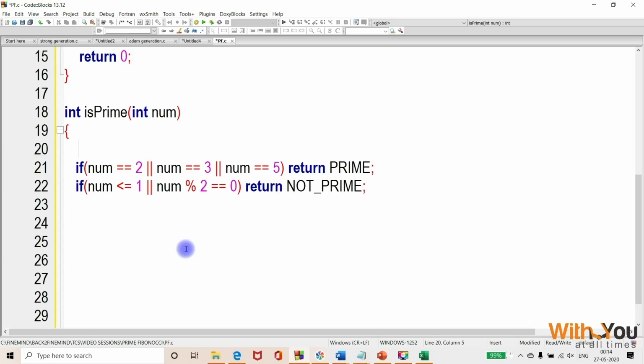So these are some obvious cases. Otherwise, what would I do? I would start hunting for factors. Let me just call this check factors. The name you choose for a variable once again solves 20 to 30% of your problem. I could have chosen I, J, K. There are 26 letters.